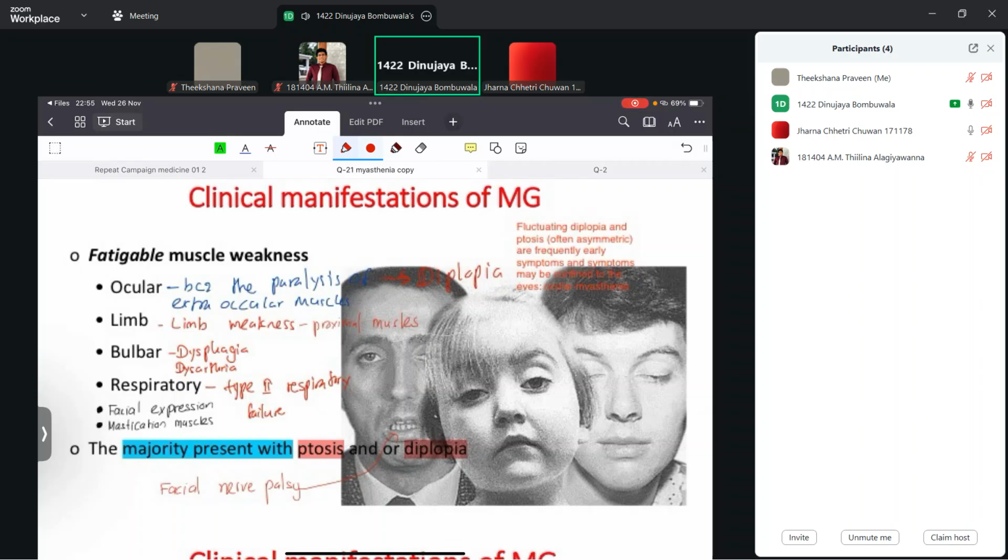Bulbar weakness with dysphagia and dysarthria, and respiratory muscle weakness as well. One thing you should know is that myasthenia gravis does not affect the pupils. It can affect the extraocular muscles, but not the intraocular muscles, not the pupil.